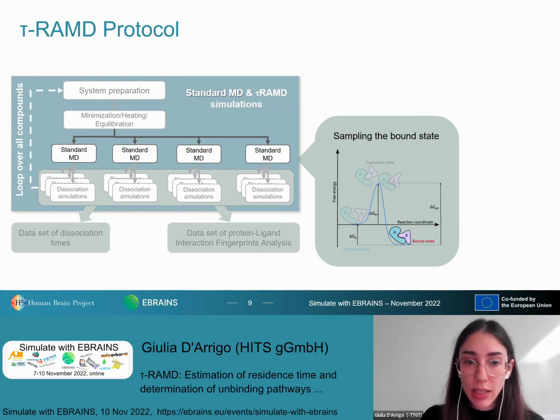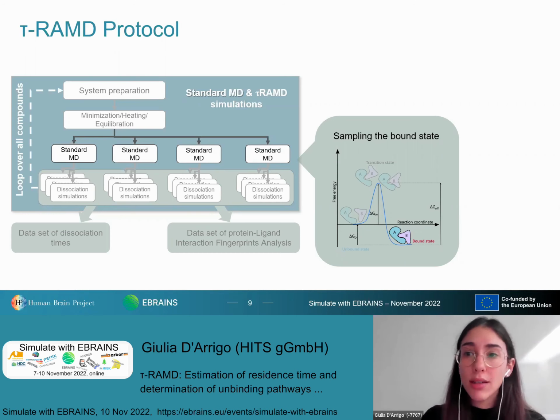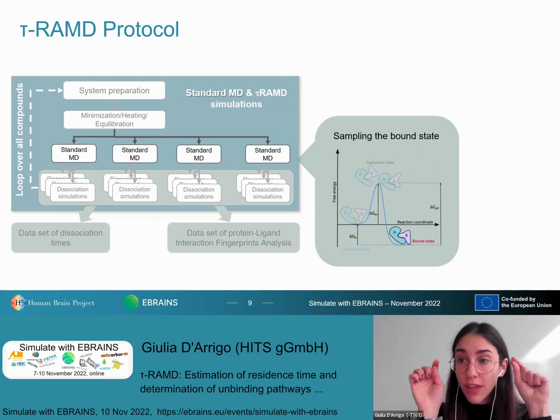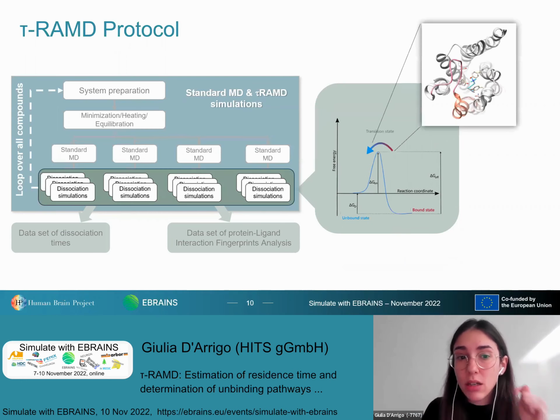So what we do is that we run, let's say, 4, 5 or more standard MD simulations, and then for each of them we are going to get an input structure. This input structure will be used to then run a set of RAMD simulations, as you can see here.